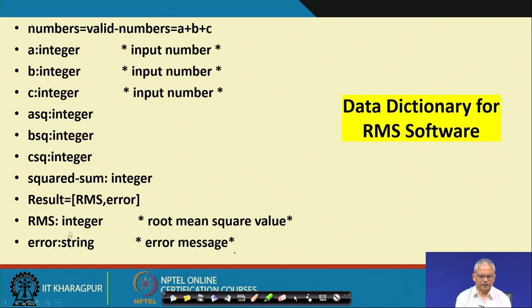RMS and error are primitive data items, and we have also mentioned in a comment the purpose for which they are used. Error is used to represent an error message, RMS is used to represent the root mean square value.